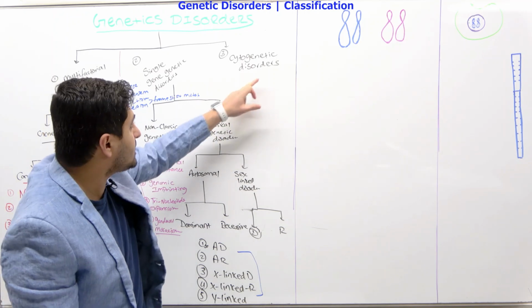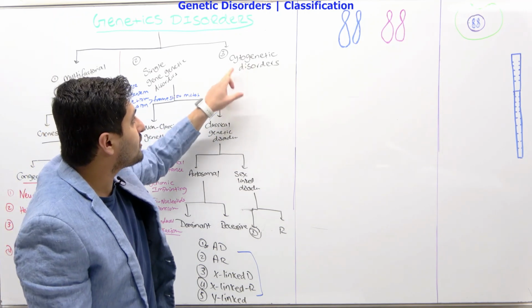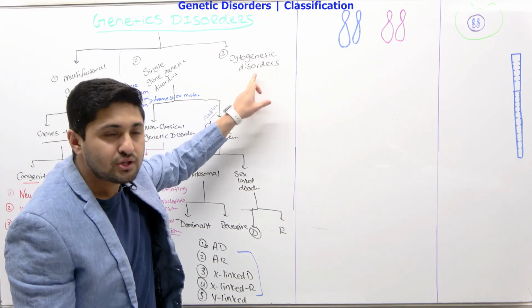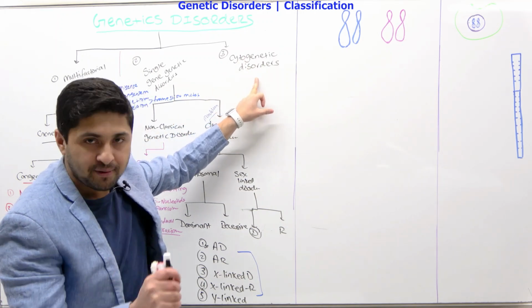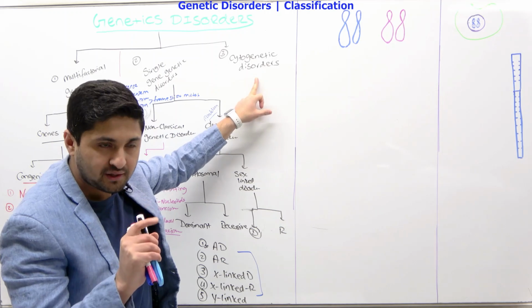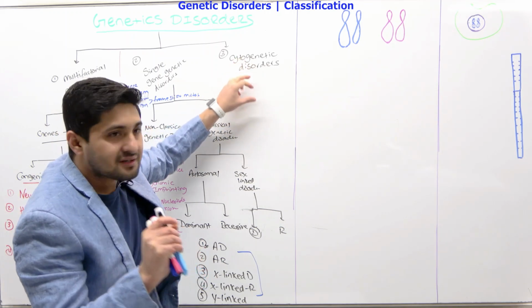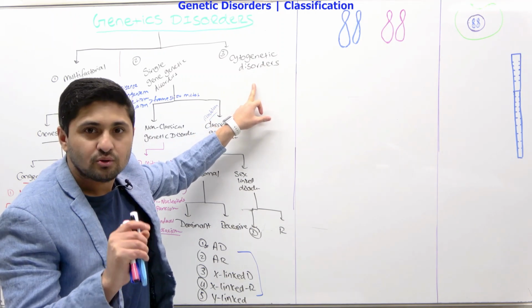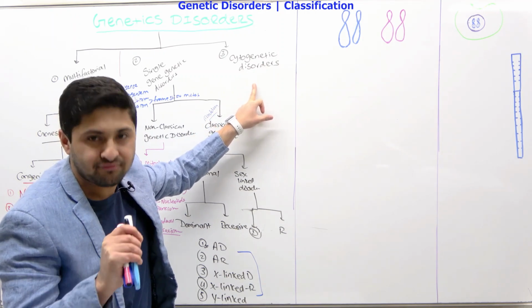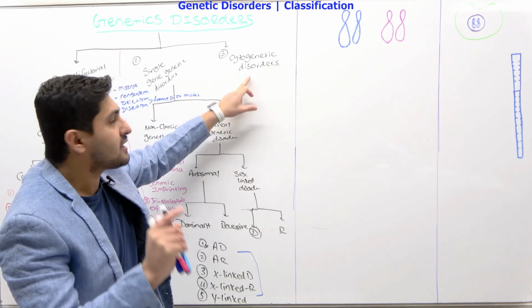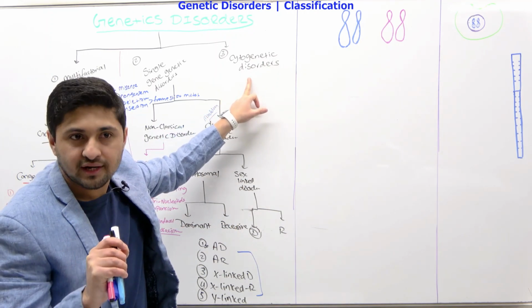So whenever you think about cytogenetics, think about chromosomes. And usually you microscopically, remember the word microscopically, observe the chromosomes, which are usually condensed in metaphase.